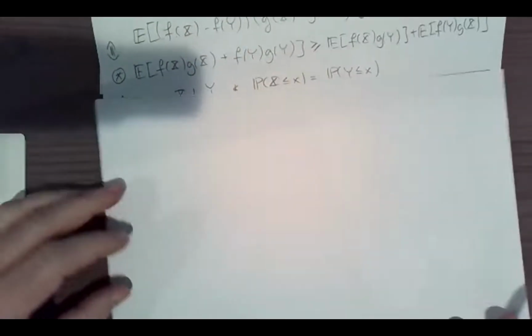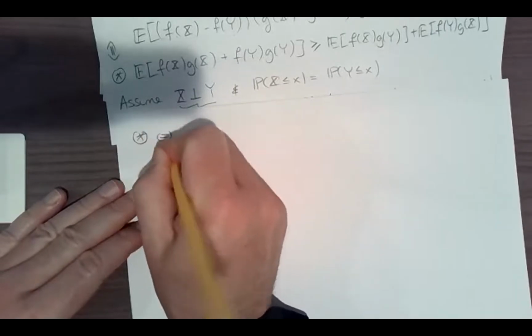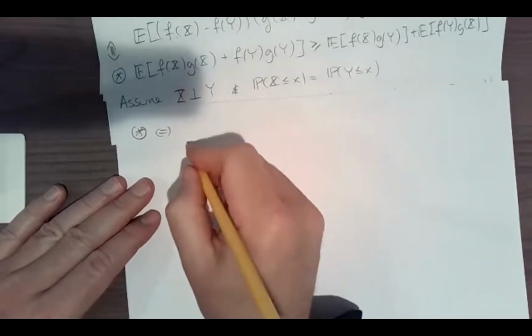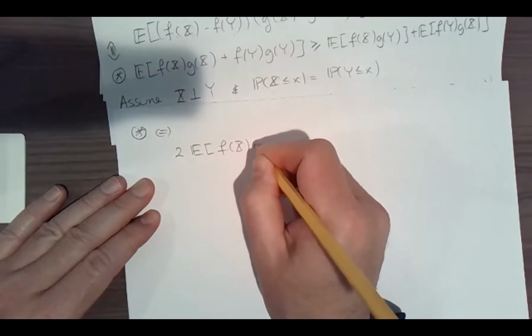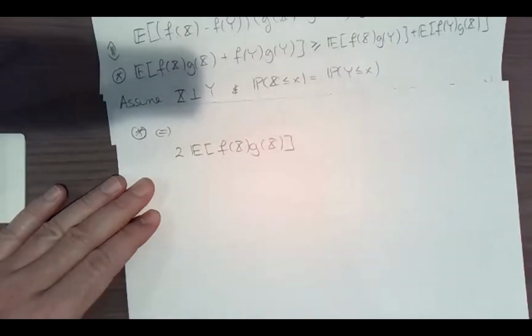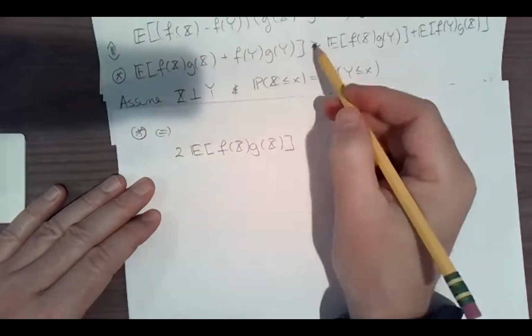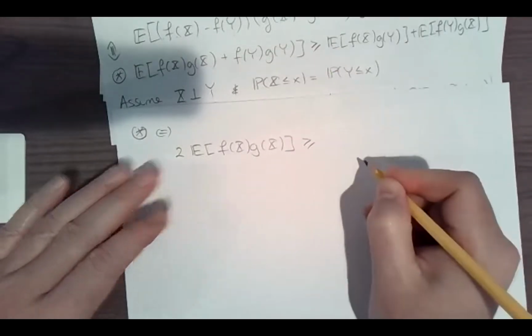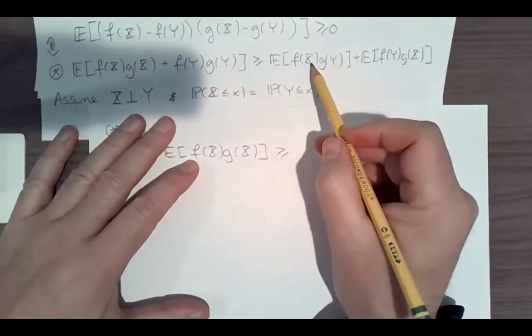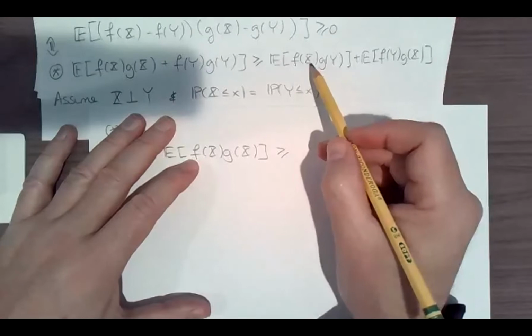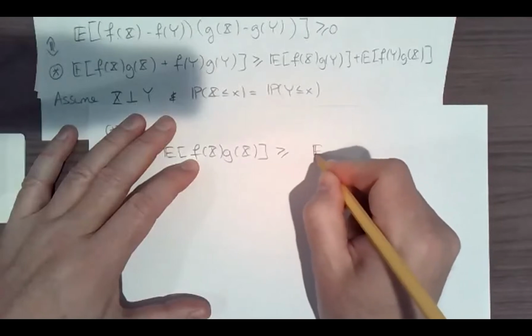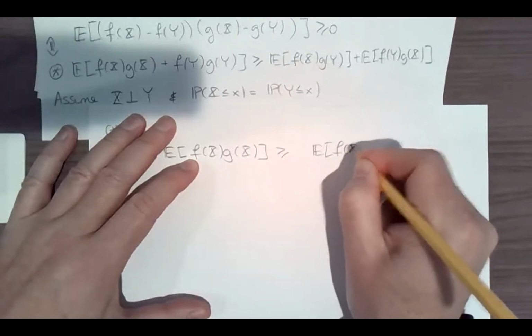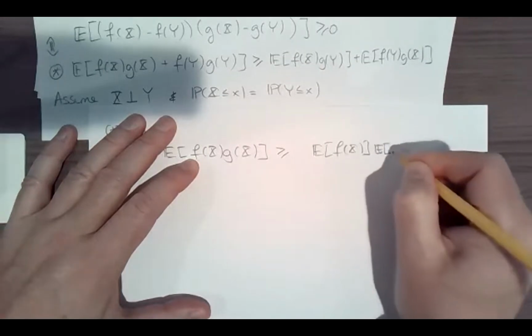Okay, so on the left-hand side, star becomes equivalent to 2 times the expectation of f of x, g of x. So that's going to be bigger than, and now the right-hand side, what does that become? On the right-hand side, I'll get the expectation of f times the expectation of g.